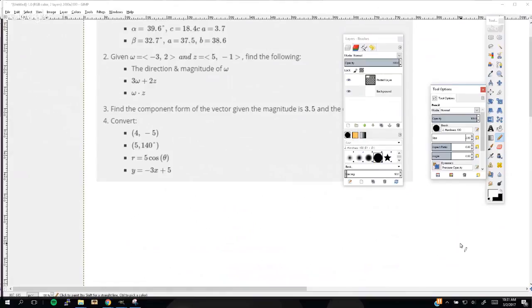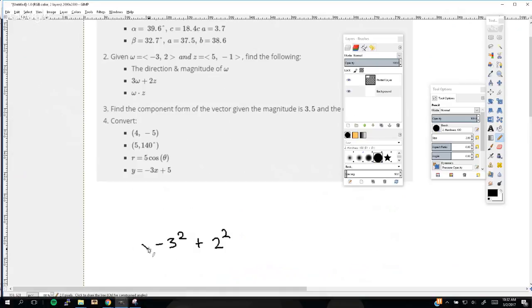So the second problem's, here we go. Okay. You have to find the direction and magnitude of the vector. Isn't that when you just do this one? This is how you find the magnitude.